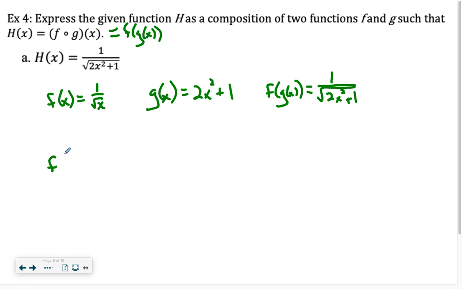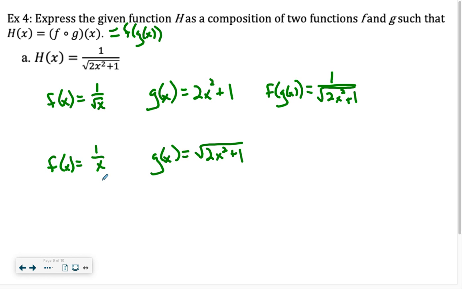I could say something like f of x equals just 1 over x, and then my g of x would be the square root of 2x squared plus 1. Okay, if I were to compose this and plug this entire function in place of x here, I would also get exactly what I wanted. Right? So there's more than one correct answer.